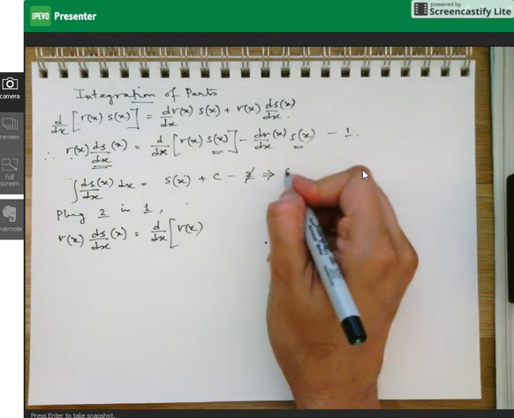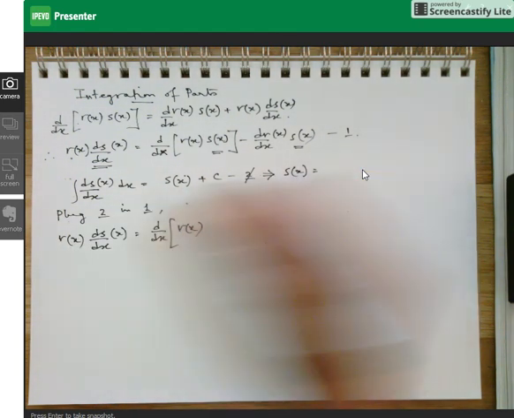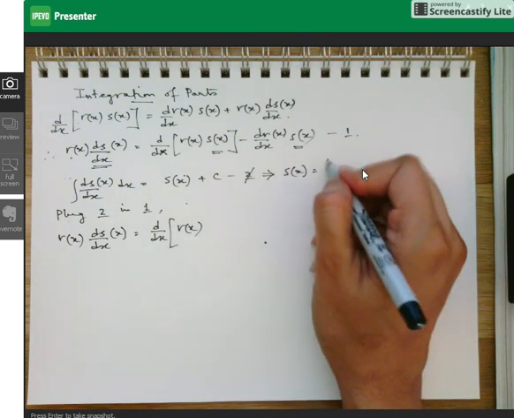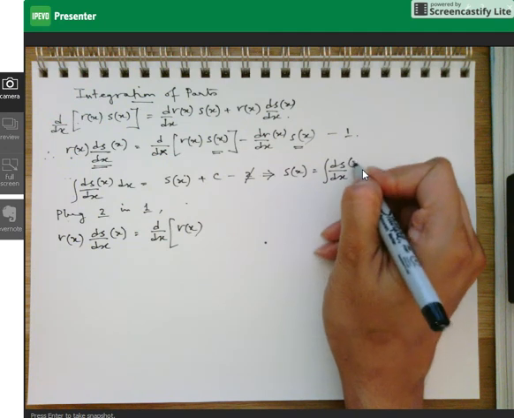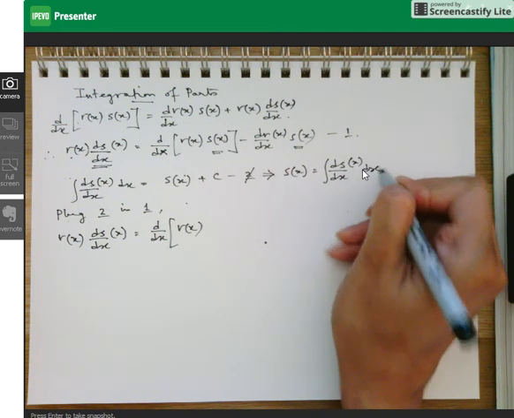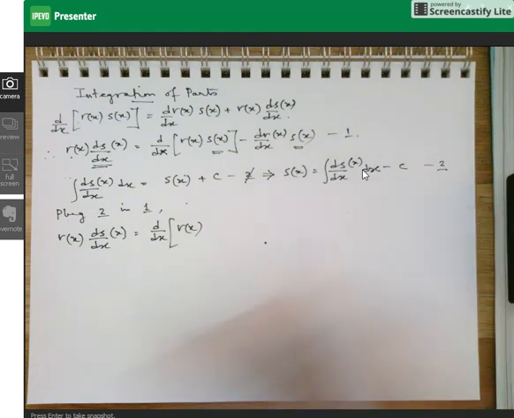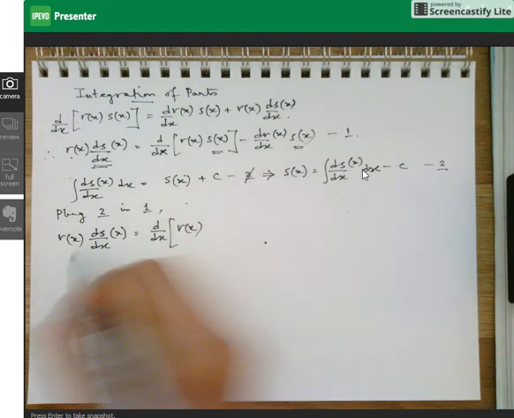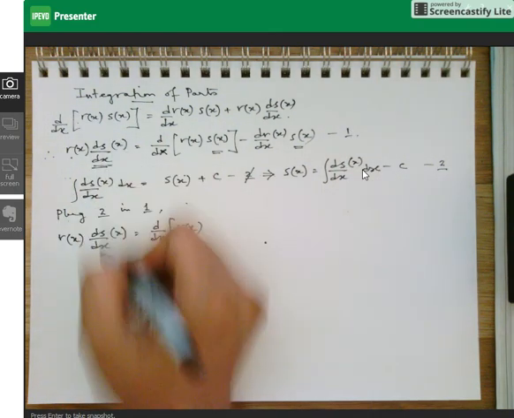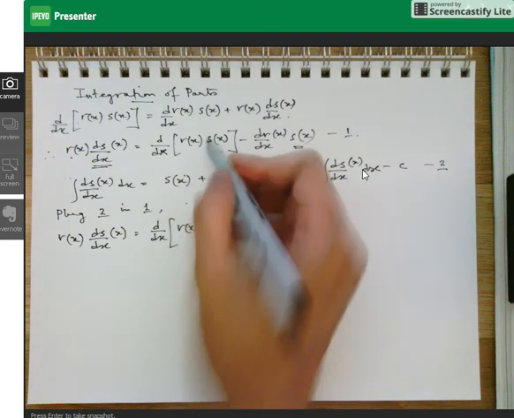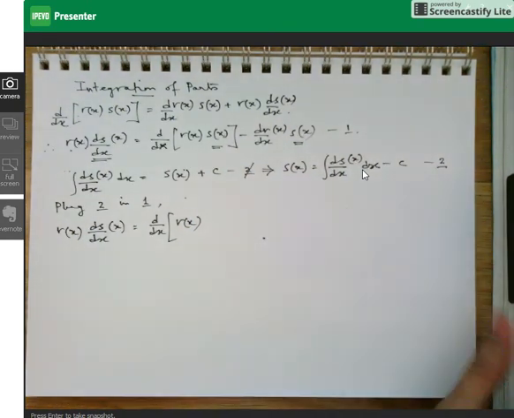From this relation, s of x is given by the integration of ds/dx with respect to x minus c. Let's call this equation 2. Then when we plug equation 2 into equation 1, this r times ds/dx is given by d/dx of r times s, which s will be given by equation 2 now.